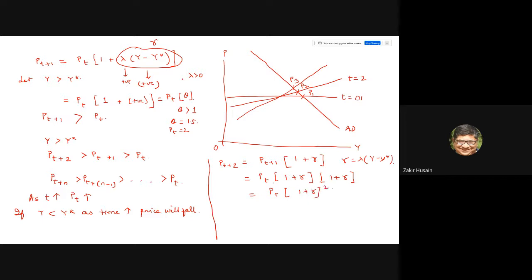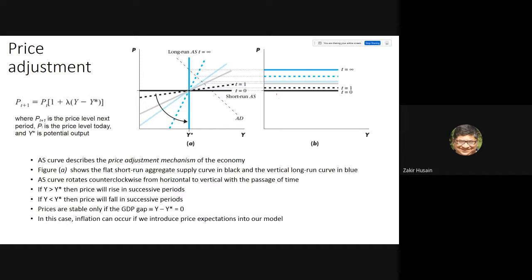So basically what is happening is your successive prices are accumulating. The increase in every period is only by this much, but it is getting aggregated. What is the total price increase?